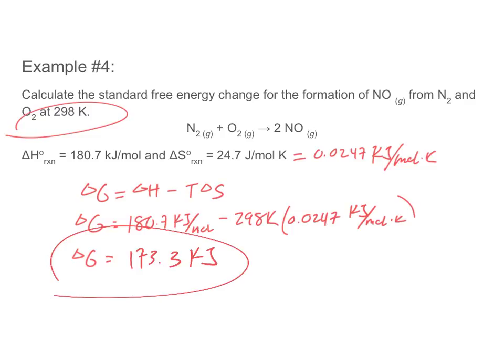Okay. So what I'm saying is that based on my calculation at room temperature, 298 K, given the values that I was given, my delta G is positive. When delta G is positive, that means that the reaction is not thermodynamically favored.